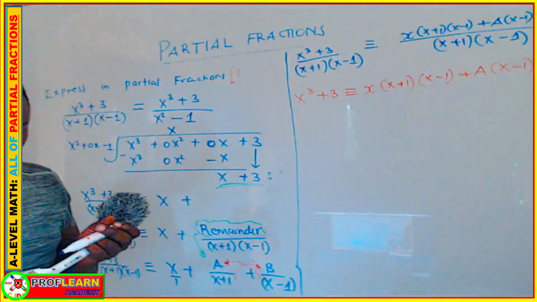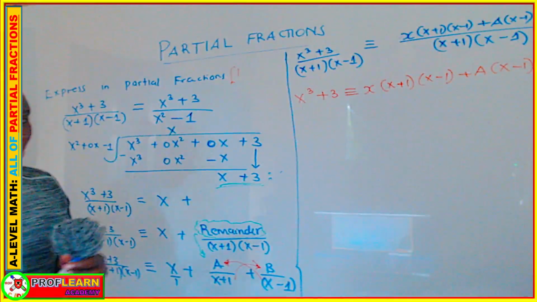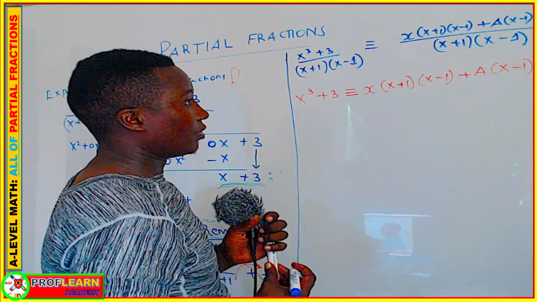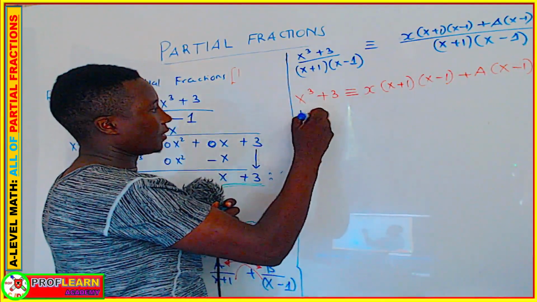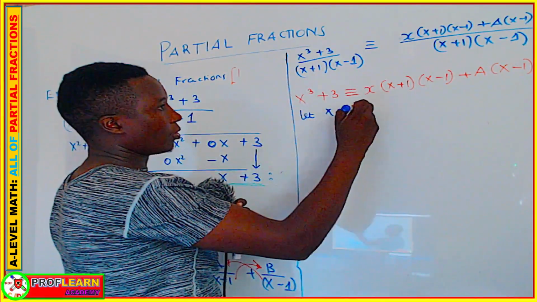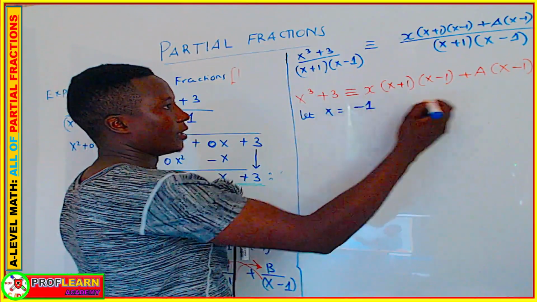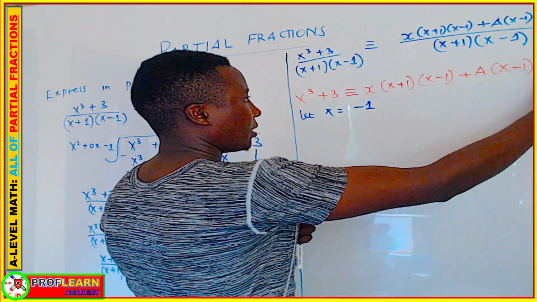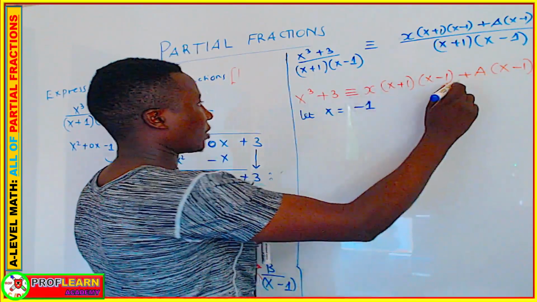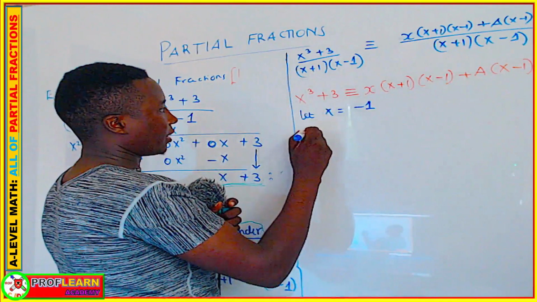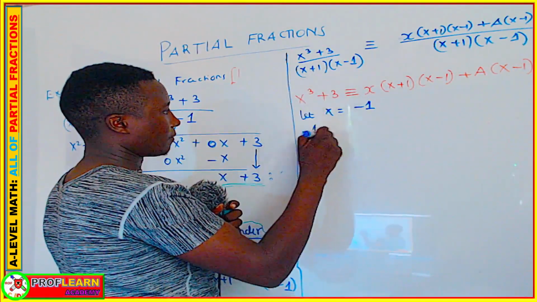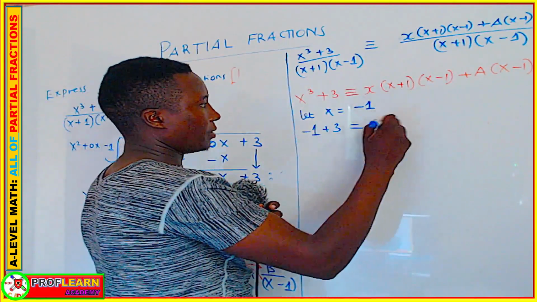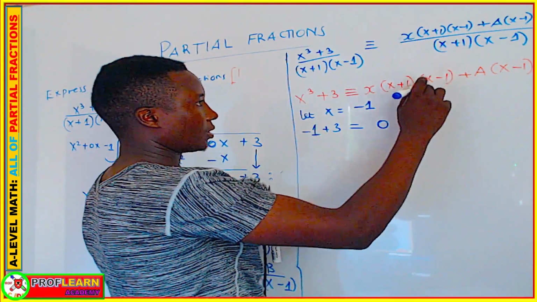Now, in order to find the value of a, let x be equal to -1, so that the whole of the b term will cancel out. So this is going to be -1 cubed, which is -1, plus 3, is equal to, this term will be 0, the whole of this term will be 0.